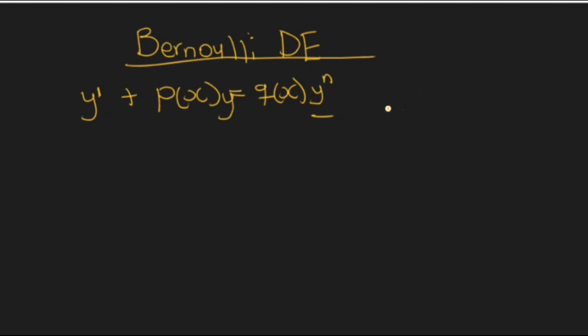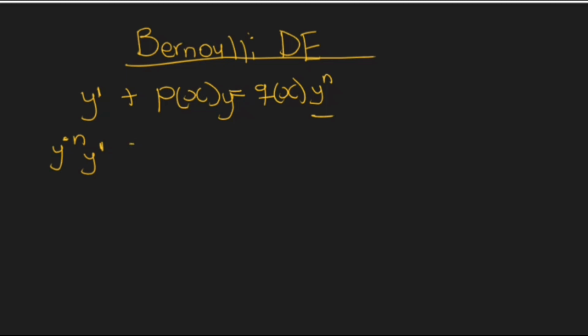So how do we tackle the Bernoulli differential equation? To solve it, you divide through by this new term here for every parameter you have in this equation. So you first have y to the power negative n, right? Because when you divide through by this, you get y to the power negative n multiplying y prime.